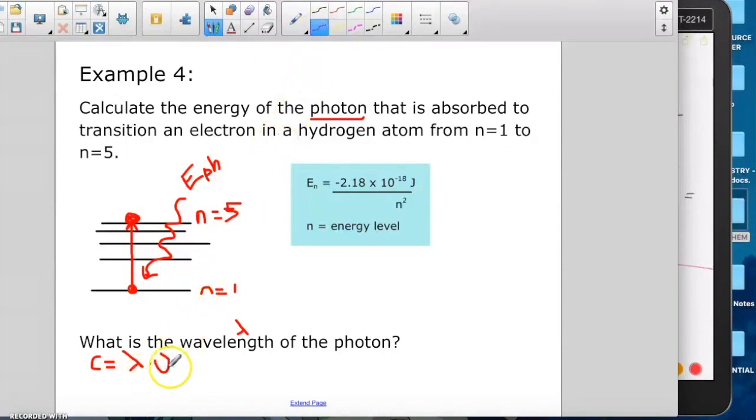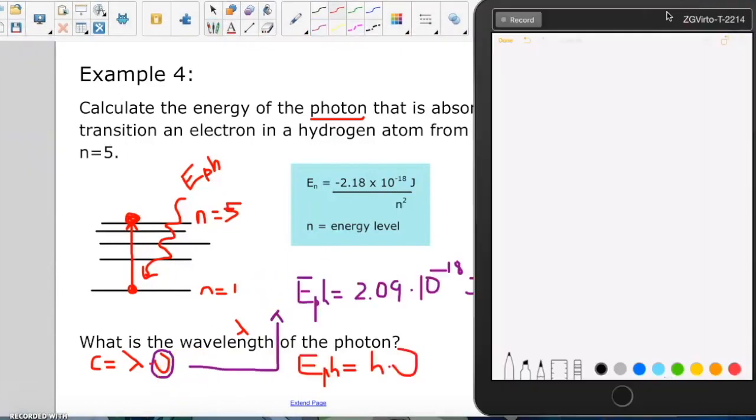Right now we don't know the wavelength and we don't know the frequency, but we can calculate the frequency first, using the information we got before. We have the energy of the photon, 2.09 times 10 to the minus 18 joules, and we know the energy of a photon equals Planck's constant times the frequency.